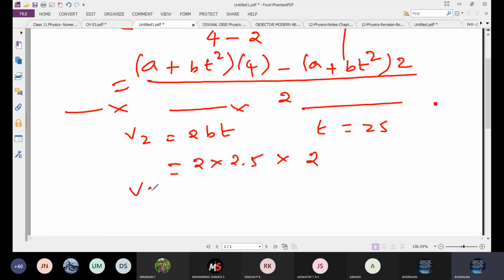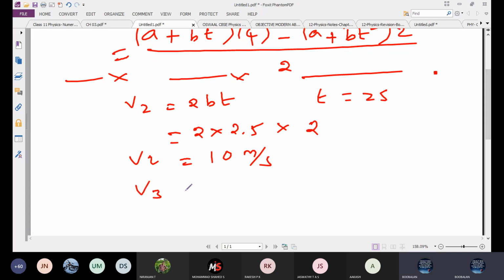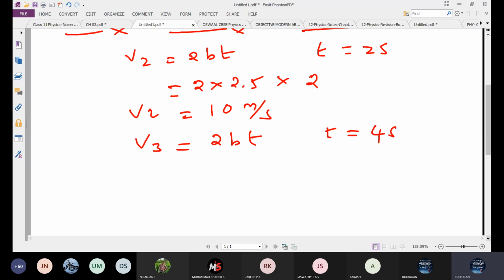V2 value 10 meter per second. Next condition, V3 equal to 2bt. Now t value 4 seconds. We just verify which one is easy, we can follow that one. 2 into 2.5 into 4. 20 meter per second.